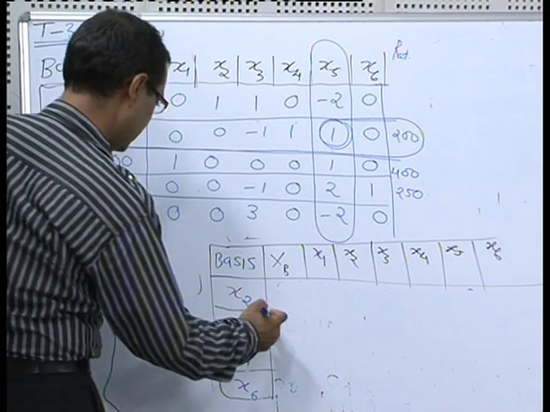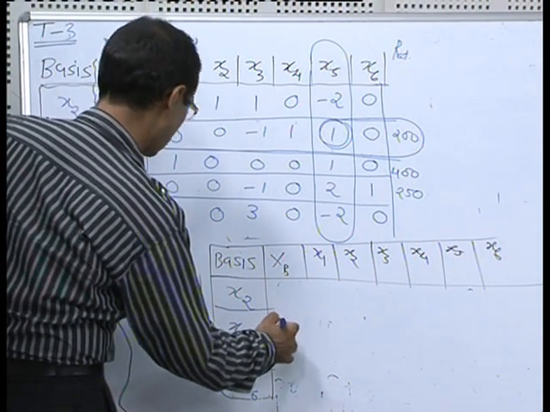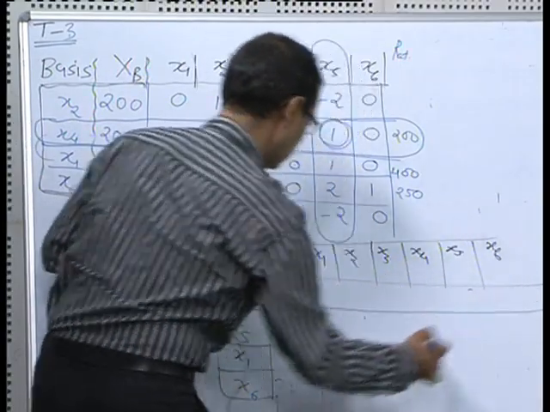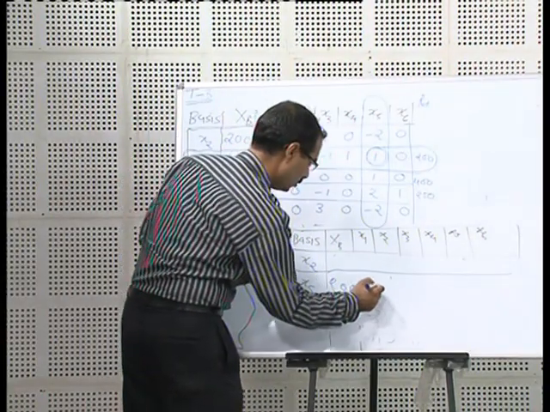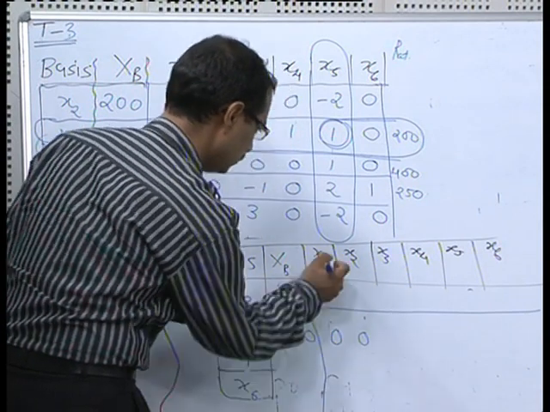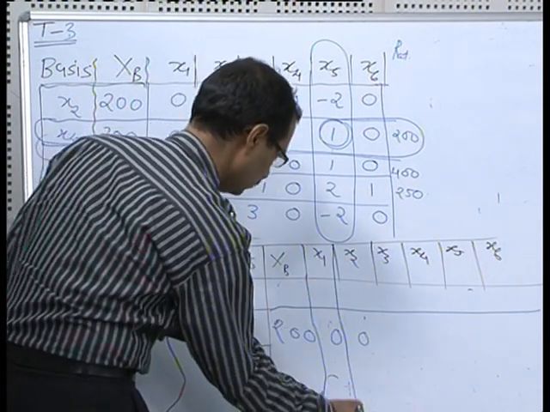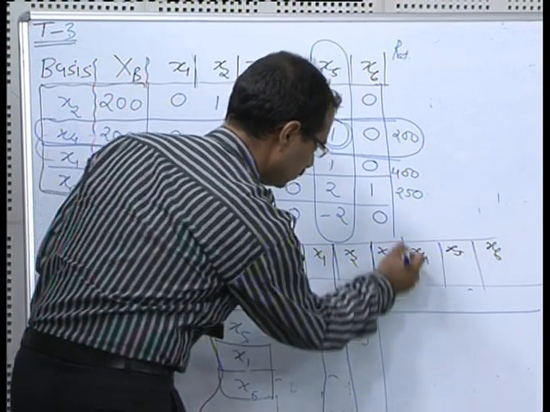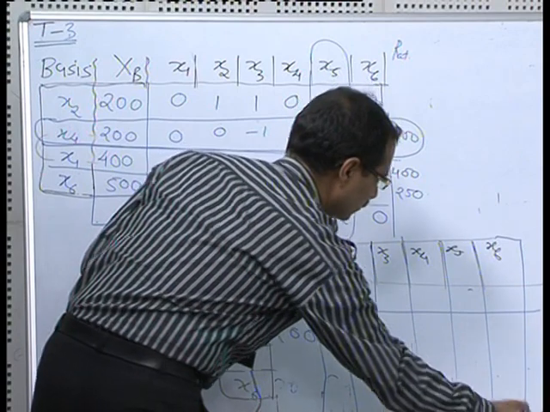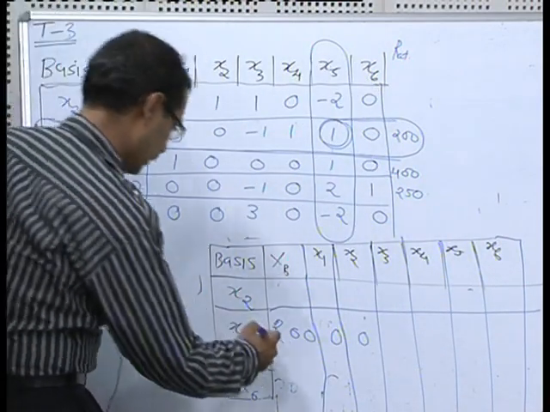The selected row will be divided by 1, so it stays as it is. So it is 200, that is in fact the second row: 200, 0, 0, -1, 1, 1 and 0.